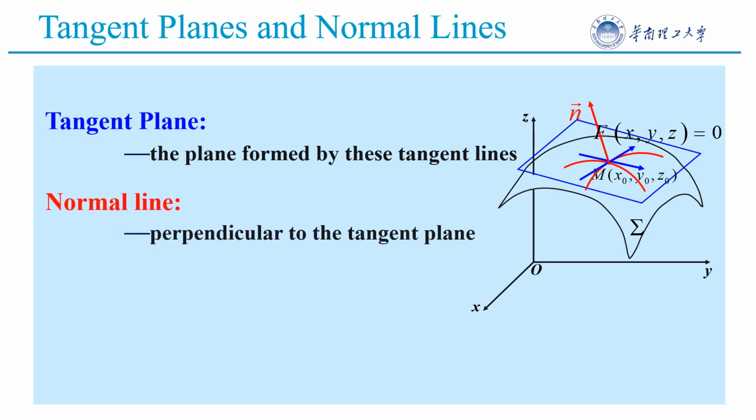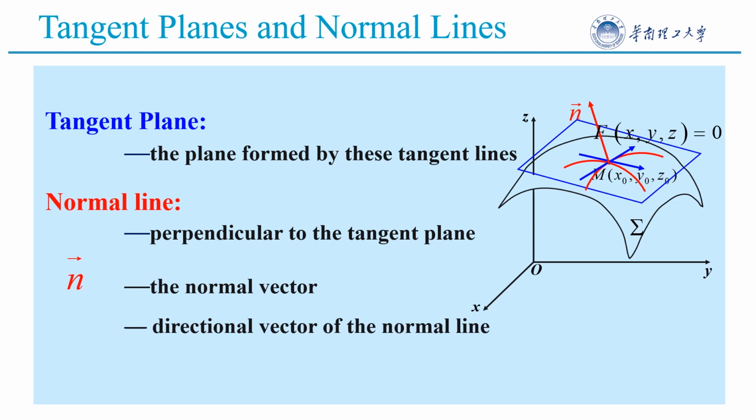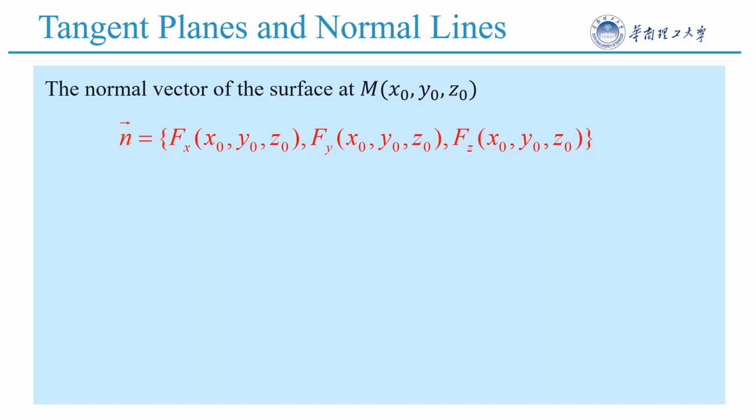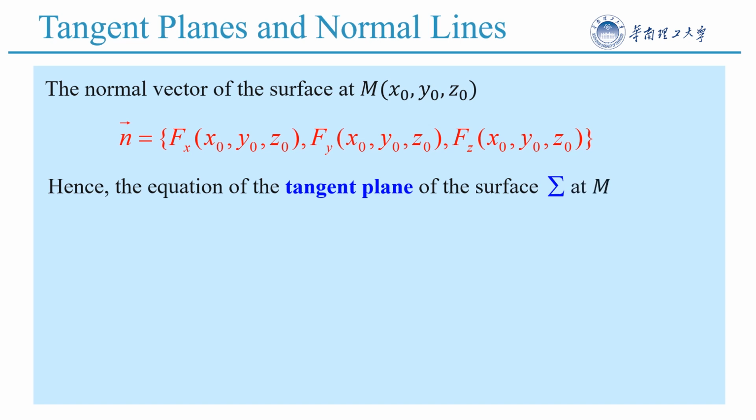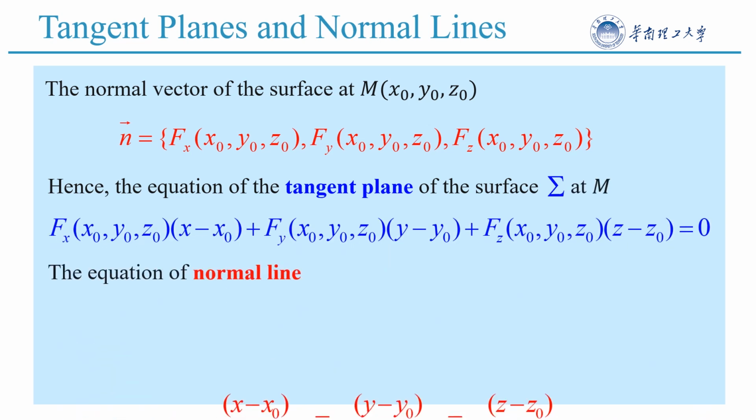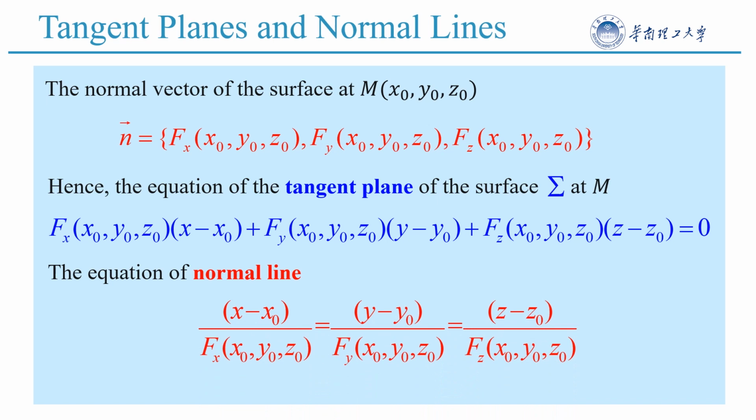The normal line is perpendicular to the tangent plane, and n is the normal vector, also the directional vector of the normal line. Since we know the normal vector and the tangent point, the equation of the tangent plane of the surface at M is this one, and the equation of the normal line is this equation.